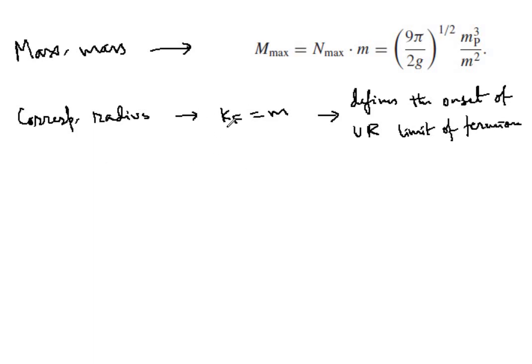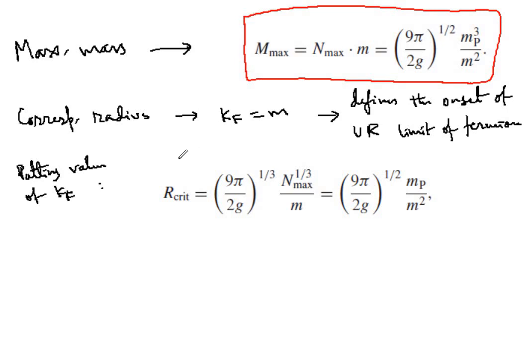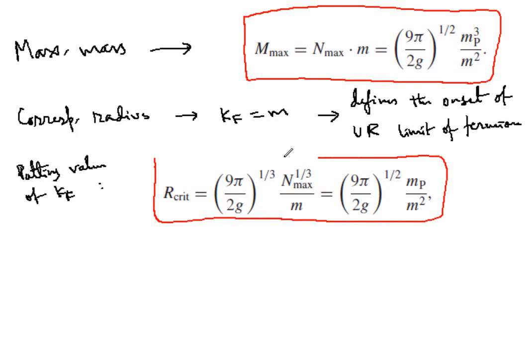And if we put in the value of kf that we previously determined, we will get from this relation the critical radius, right? So this is what we have derived as a general result, just considering the gravitational energy and the kinetic energy of the fermions.